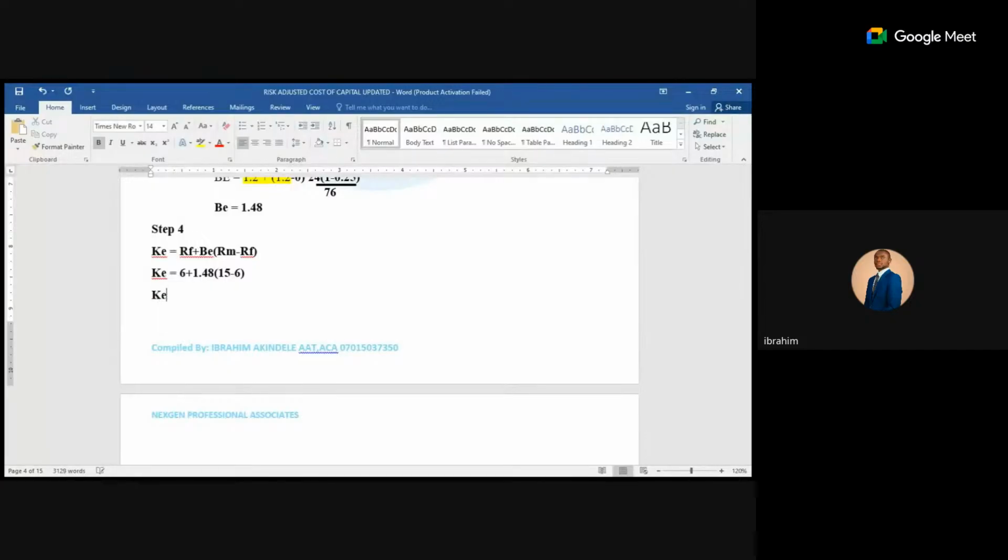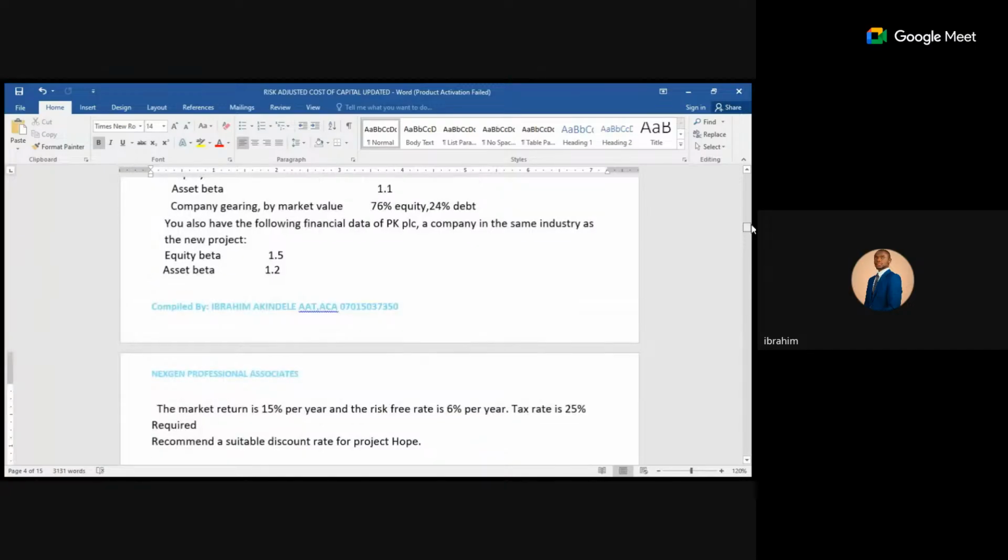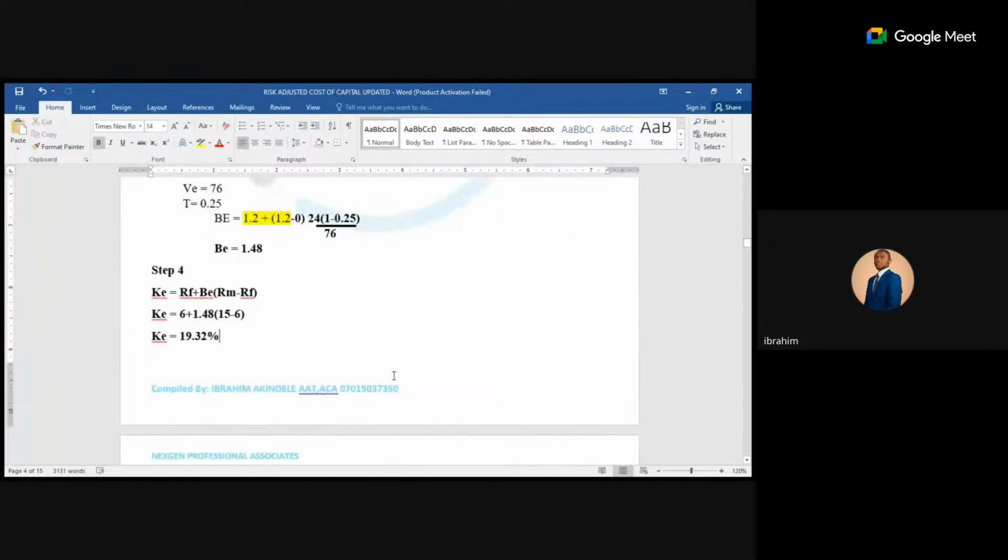So cost of equity, 19 point what? 19.32, or 19%. All right, let me confirm the market return. Okay, it's 15%. So that makes sense.